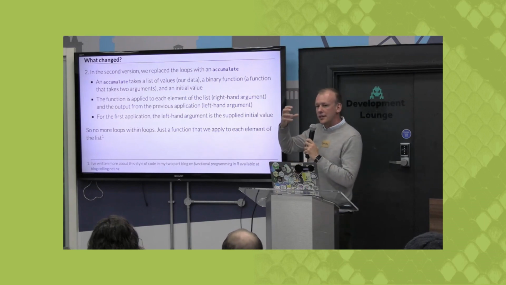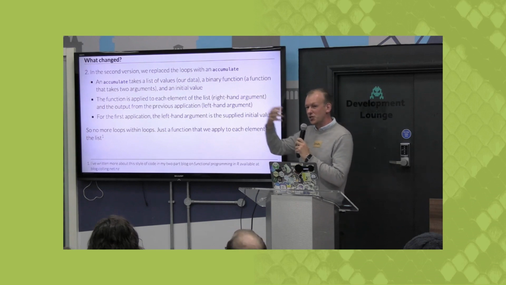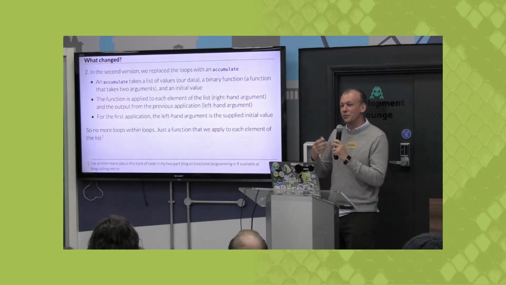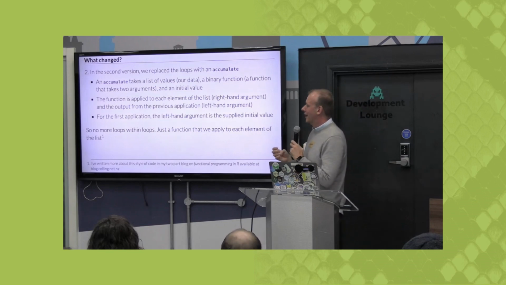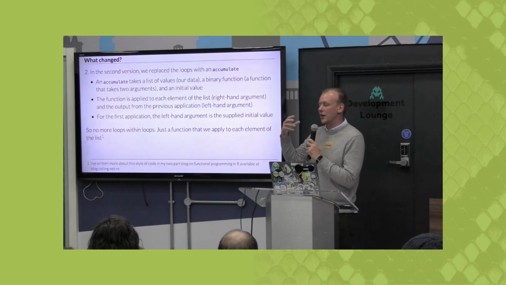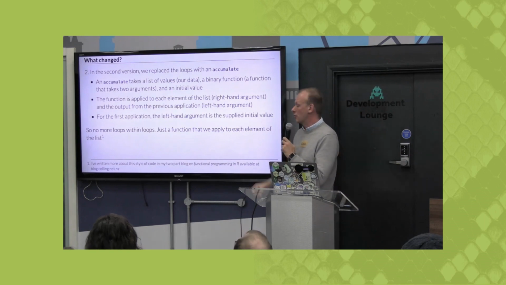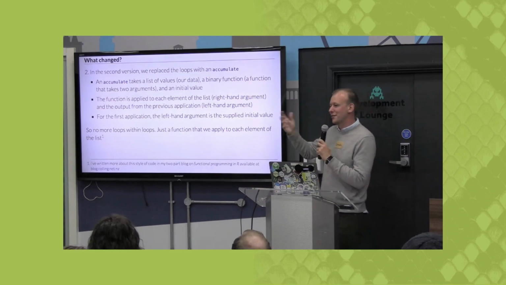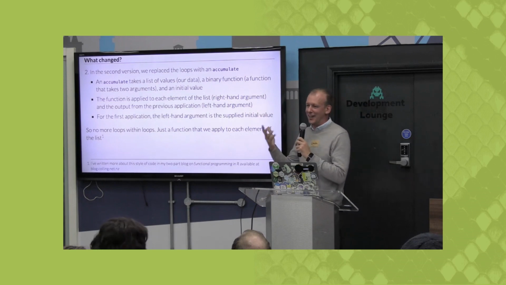But I think thinking in terms of functional style programming, thinking in terms of streams and applying functions to streams instead of this style where you're looping, helps you to spot inefficiencies in your code and helps you to spot ways to make your code more efficient. I've actually written a bunch about functional style programming in a couple of blog posts. It's in the context of R, but it's as applicable to Python.